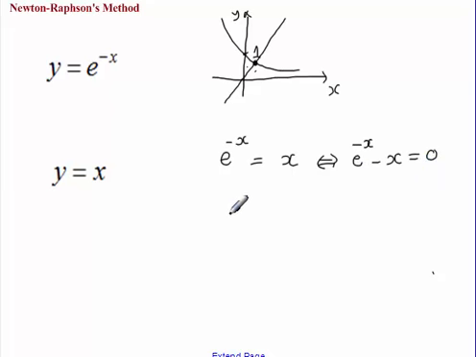Notice that this equation is not an equation of the type 2x plus 1 equals to 0, where you can apply your algebraic operations and solve this for x. It's not even something like x squared plus 2x plus, let's say maybe 1 equals to 0, where you can use your quadratic formula to solve the equation, and there you can factorize and use your algebraic manipulation to solve this equation.